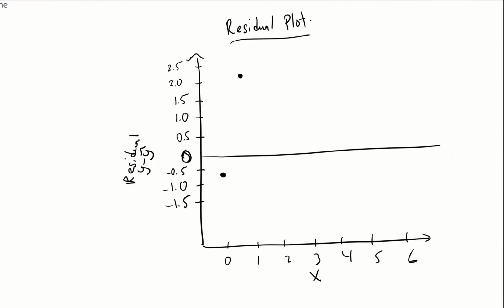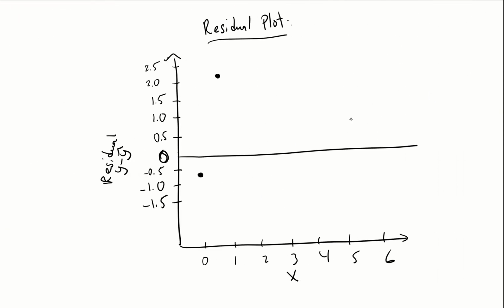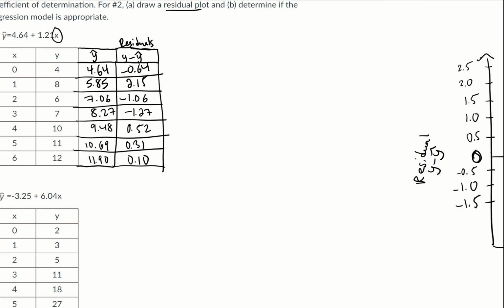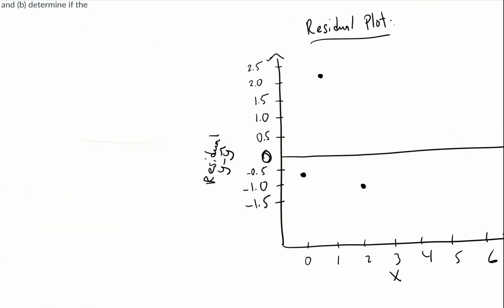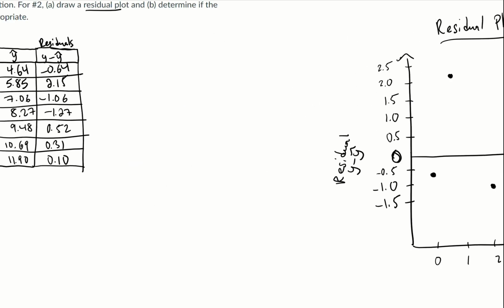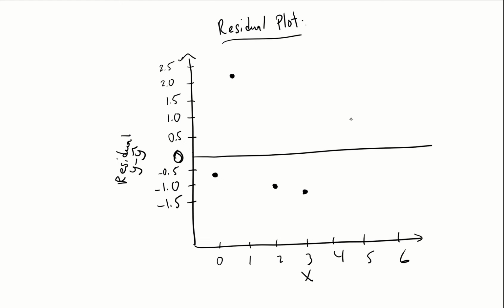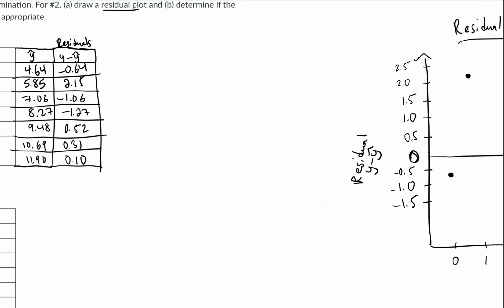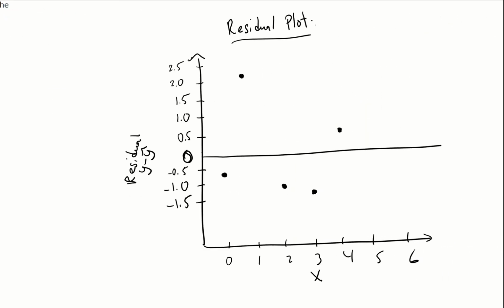Next number is -1.06. -1.27. 0.52. 0.31, and then 0.10.